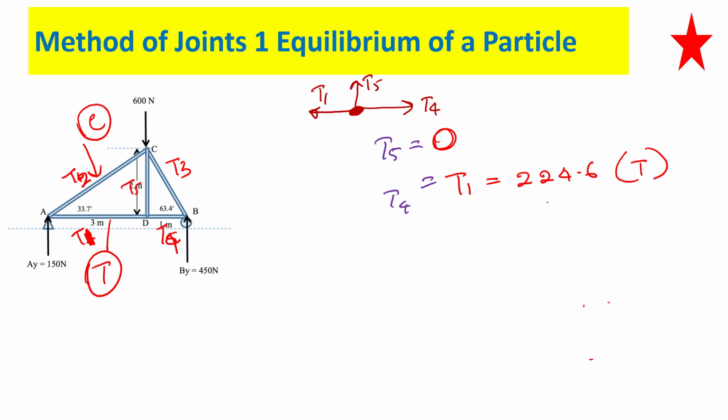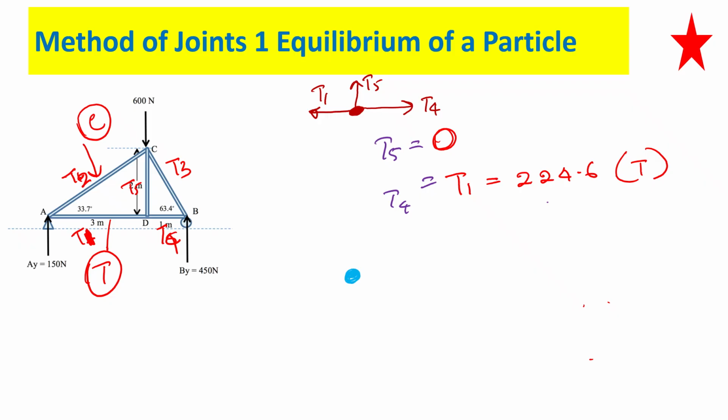Now we have one more to find, just T3, isn't it? So let's go to joint B now. If I consider the equilibrium of joint B, can you draw the forces now? Joint B, yes. Do I have to draw the 450?